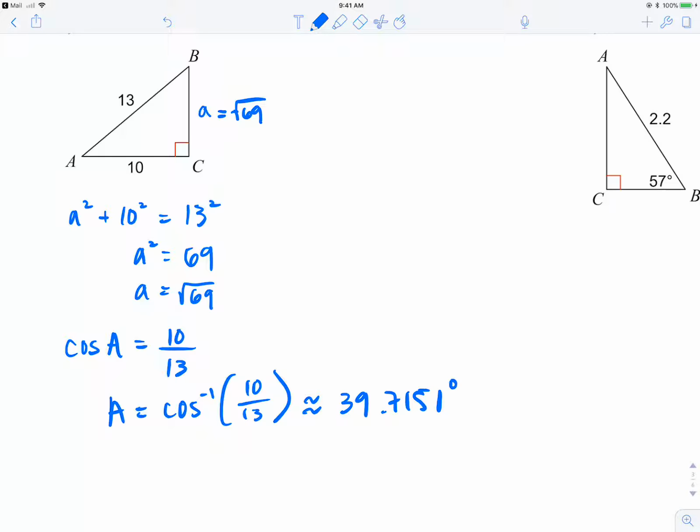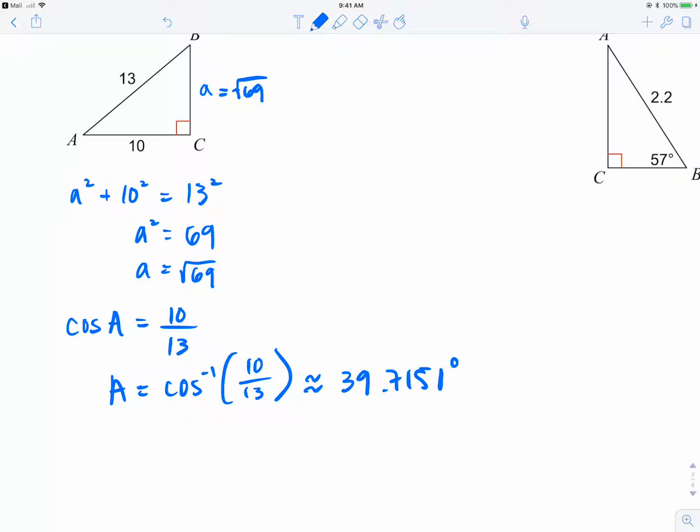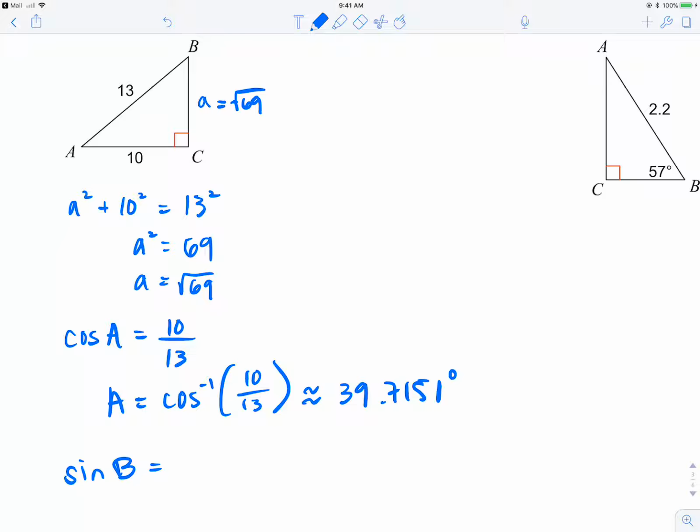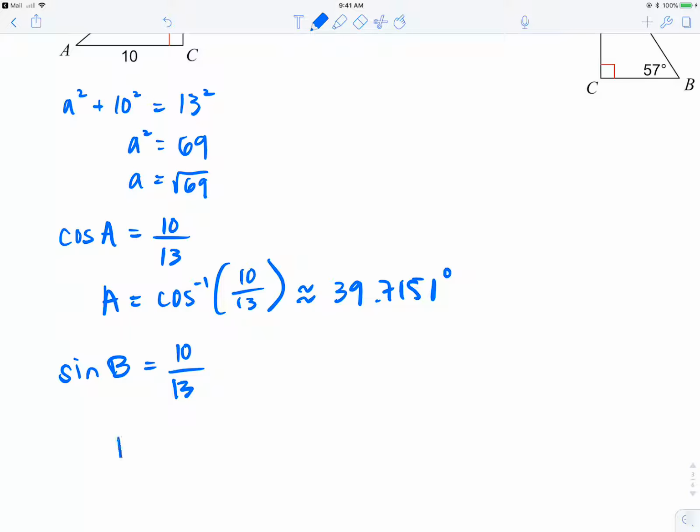Now we can use the fact that the angles should sum to 180 degrees to solve for angle B, or we can keep using trig functions. I'm going to keep using trig functions. So I'm going to use sine of B. You have options here. There's not one right way to do this. So sine of B is equal to opposite over hypotenuse. So B is equal to the inverse sine of 10/13.